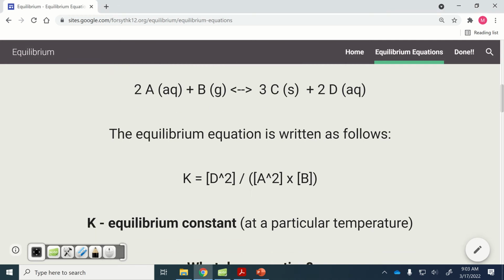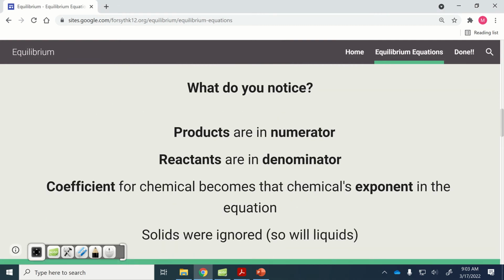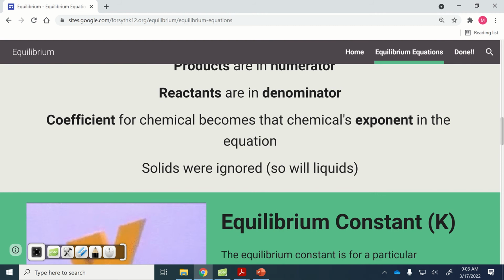But again, why is C not in it? Solids are ignored. We do not pay attention to solids and liquids. We mentioned that in the last video, in the first part of this, where solids and liquids are not going to really manipulate the equilibrium because we can't necessarily change them at all. They are there, and they're going to have an essentially constant concentration.